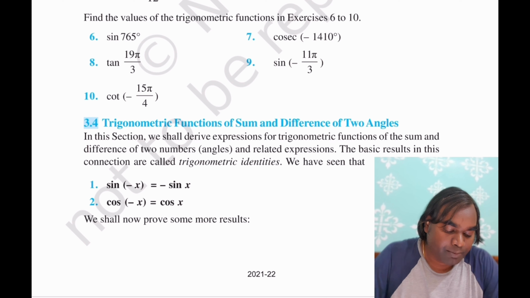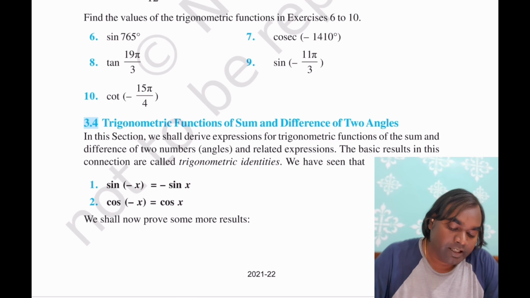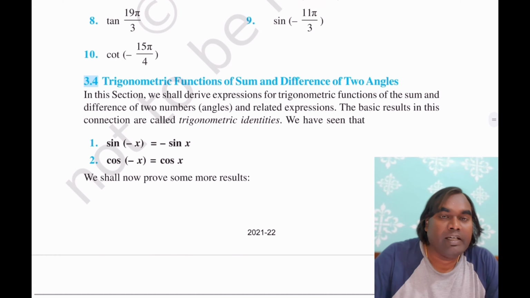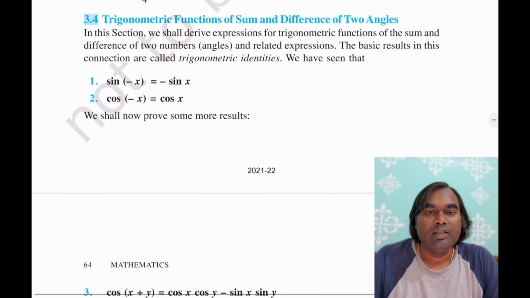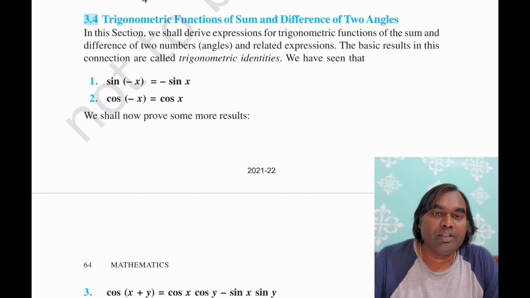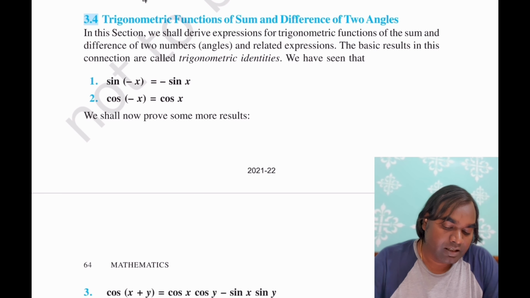Now take up the topic 3.4, trigonometric functions of sum and difference of two angles. So that means you have to find the trigonometric function for the summation or difference of two angles or more than two angles.